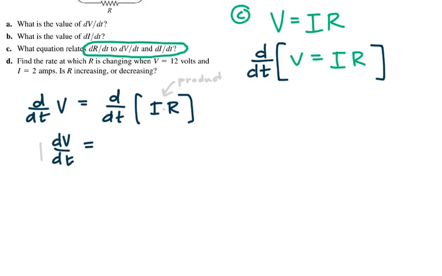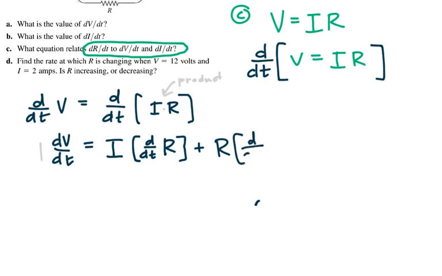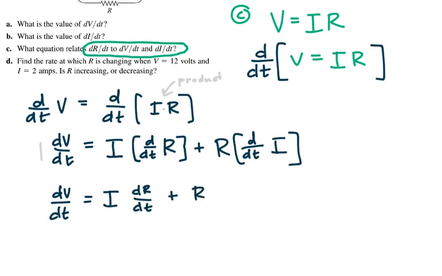So here I would have I times the derivative with respect to t of R plus R times the derivative with respect to t of I. So we simplify this and we get dV/dt equals I dR/dt plus R dI/dt. So this is my derivative equation that relates the rate of change for voltage, current, and resistance, all simultaneously.